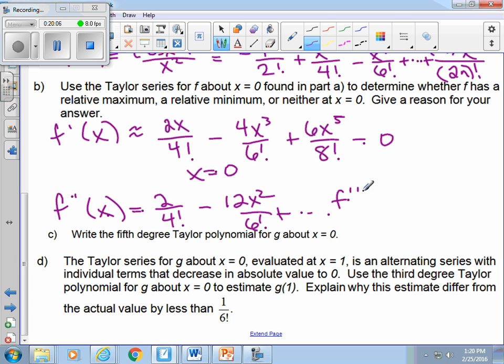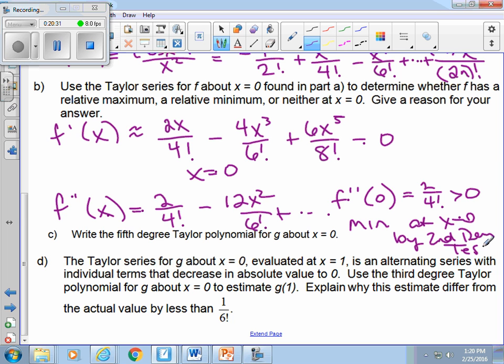F double prime of 0 is what? Which is positive, which means I'm concave up. Agreed? So it is a minimum at x equals 0 by second derivative test.